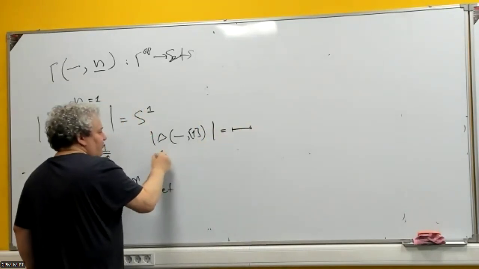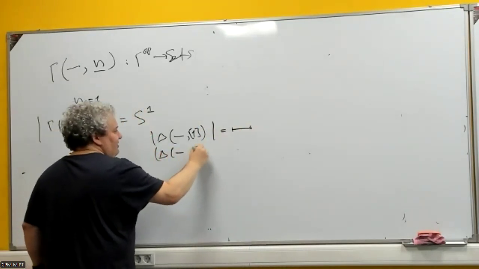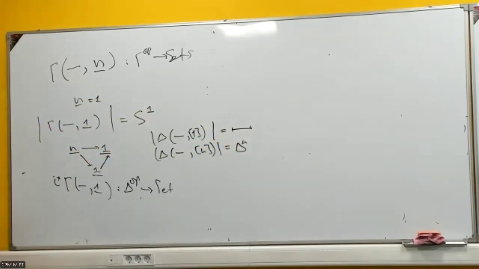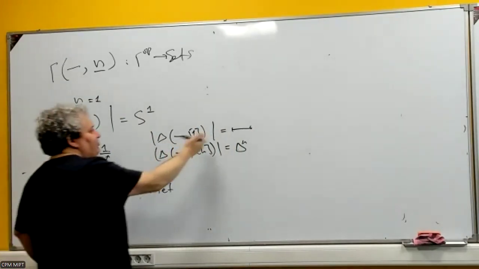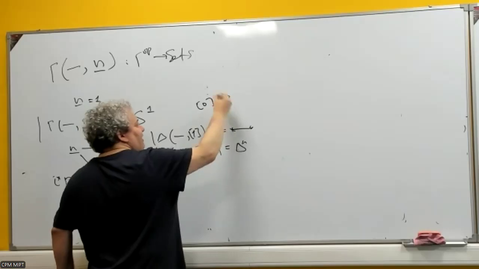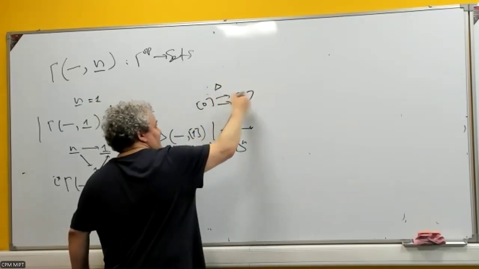In general, the realization of delta n is the standard topological simplex. But here it's an interval and these 2 points are not identified, because in delta you have 2 maps from 0 to 1.